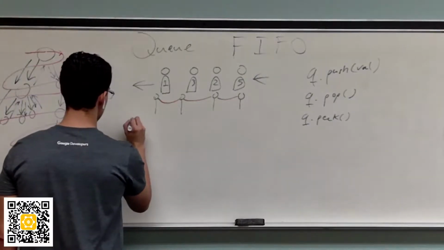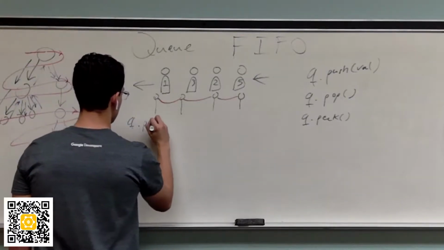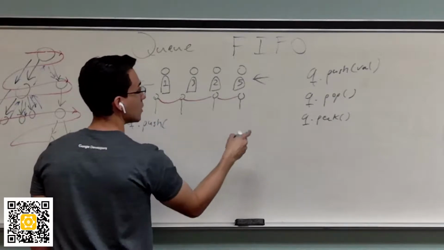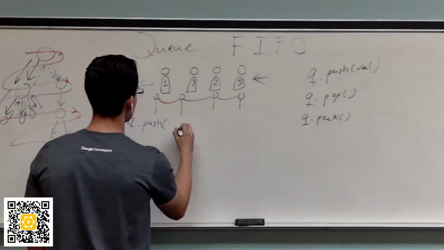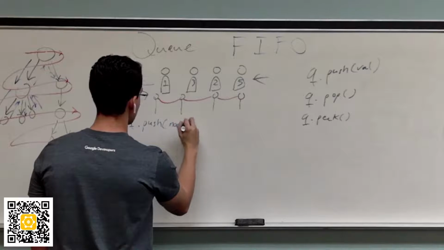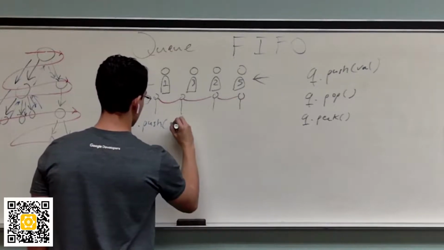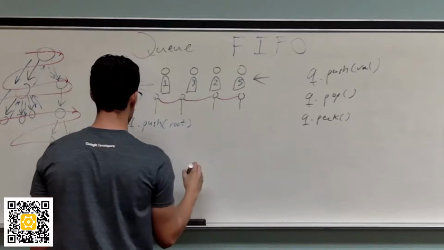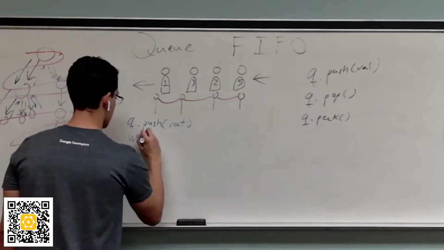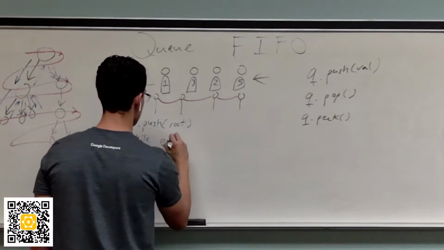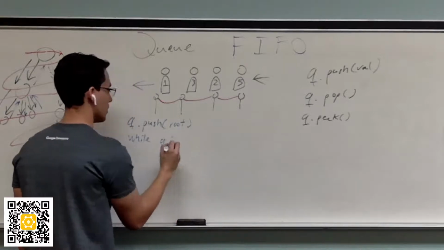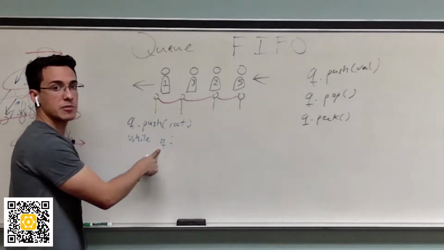So this is like a for loop or a while loop. I'm just going to call it the root node. While q. So this is saying while it's not empty.